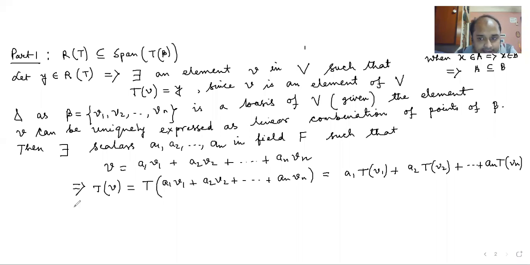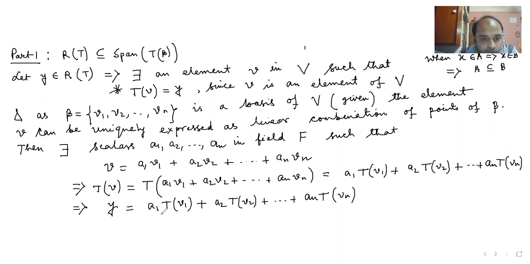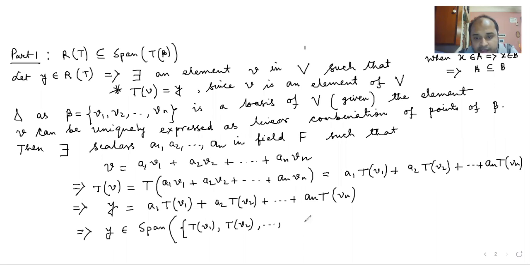Okay, and we know that T of V is equal to Y, because I have written this point over here. So Y has been expressed as a linear combination of the points T v1, T v2 and T vn. Okay, so what can we say from this? Y belongs to the span of the set T v1, T v2, dot dot dot, T vn.